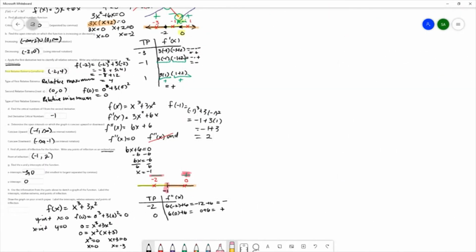So for my first derivative, I had critical numbers of -2 and 0. And for my second derivative, I had a critical number of -1.